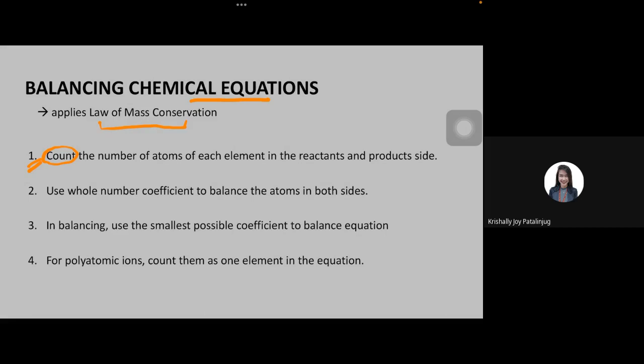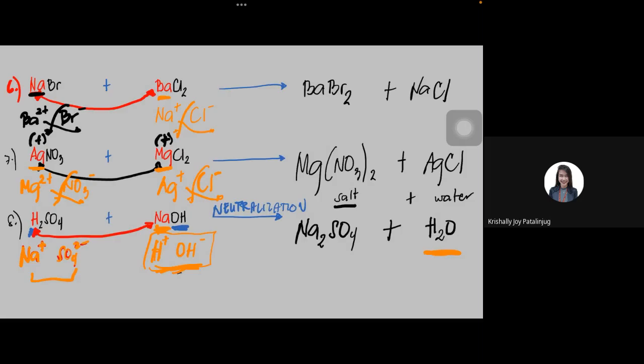Okay, so by balancing chemical equation, we can realize here that the masses on the reactant side is just equivalent to the masses upon forming the products in a chemical reaction. Okay, so let's try to balance.